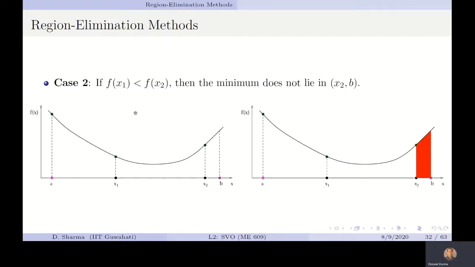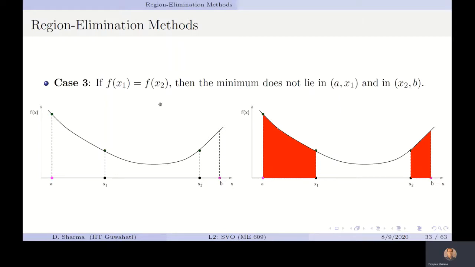Case two is, suppose we have x1 and x2 as given in the figure. Here the function value of x1 is smaller than the function value of x2. In that case, the minima doesn't lie between x2 and b. So in the second figure, the red region is eliminated and the search will be performed between a and x2 only.